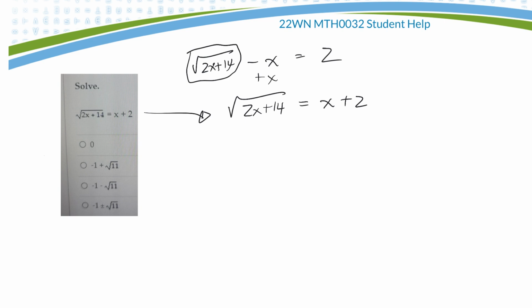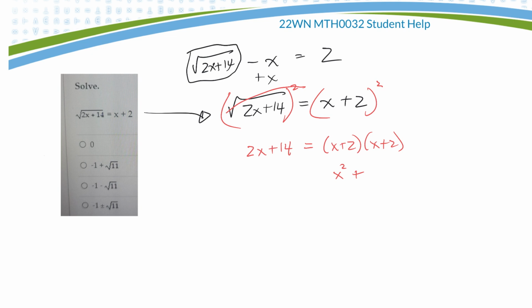So now I'll use the square principle. Whoops. So I'll square this side to cancel that out. And if I do it there, I've got to do it on this side. So on the left side, I'm left with 2x plus 14 equals, on the right side, it's a binomial squared, so I like to write out x plus 2 twice and then FOIL it.